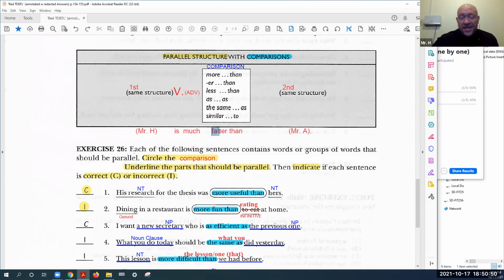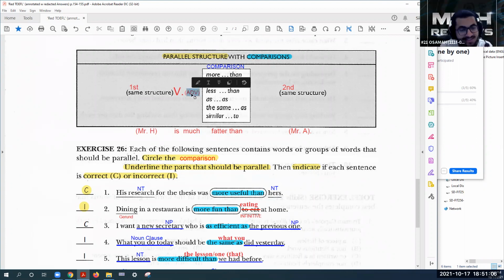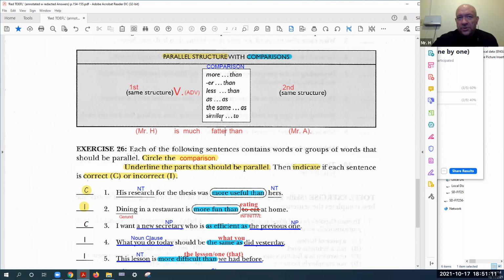Okay. So with the adjective, we don't use more, because we have already ER, you see, ER. Why did I use much? This is optional, right? Yes. But if you use more, you cannot choose ER also.